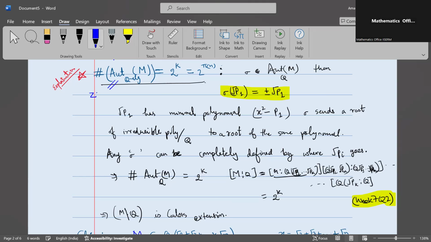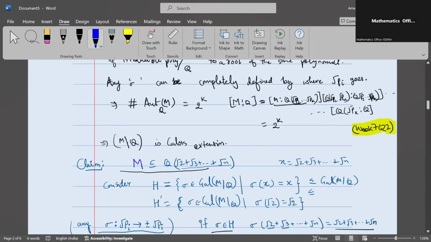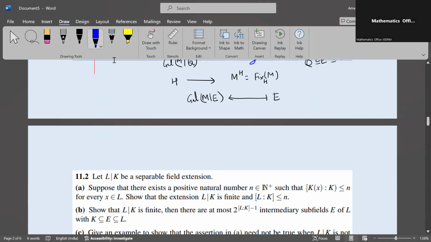This is Z2 cross Z2 cross and so on, Z2, k times. We have already seen this. So part C is just part A and part B.